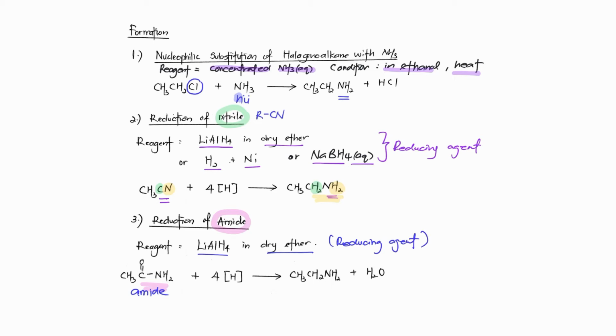We could see the C double bond O losing oxygen and gaining hydrogen atoms in the reduction. So these are formation of aliphatic amine.